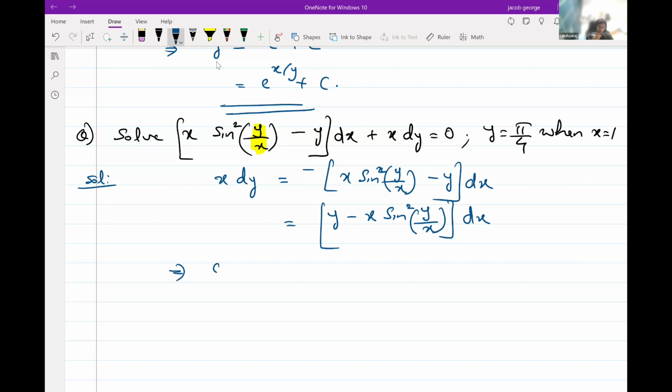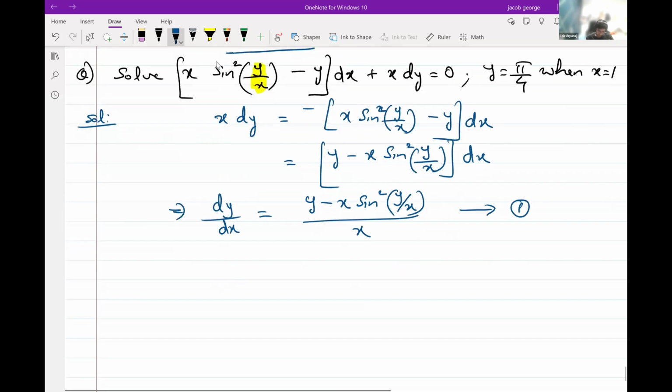So dy by dx is equal to y minus x sine square y by x, all divided by x. This is equation number 1. This is homogeneous differential equation of type number 1. It is clearly type number 1 homogeneous differential equation.